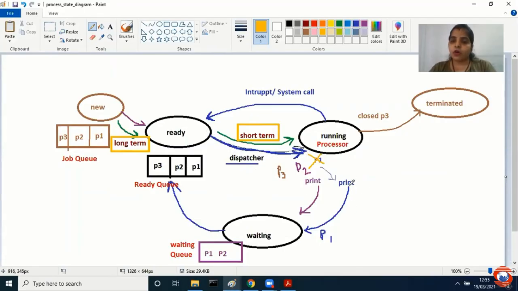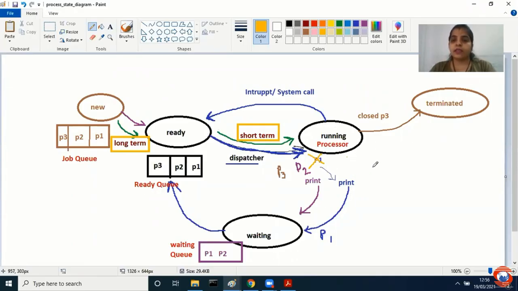P1 has gone into the waiting queue. That means my operating system has to stop the running of P1. Yes. The operating system now has to bring the next process, P2, into running. That means one process P1 has been stopped because it had a wait, it was going to go into the waiting state. The next process P2 I have to take into the running state.